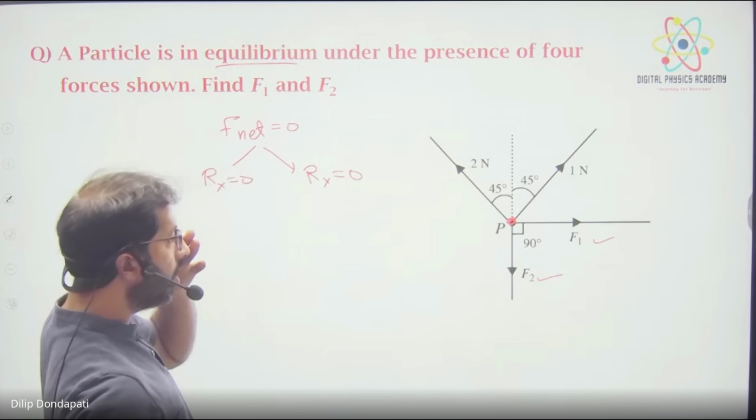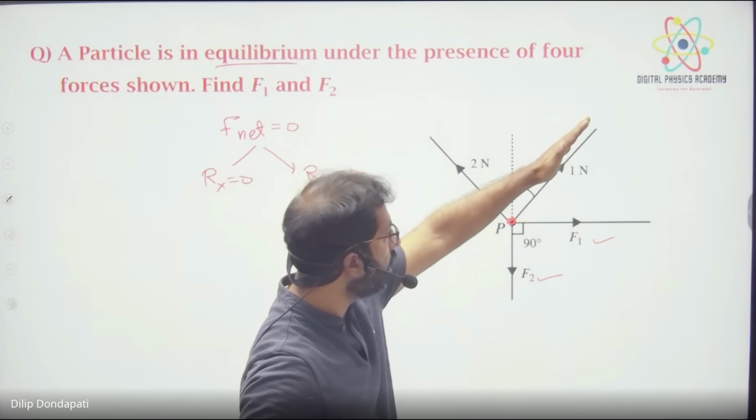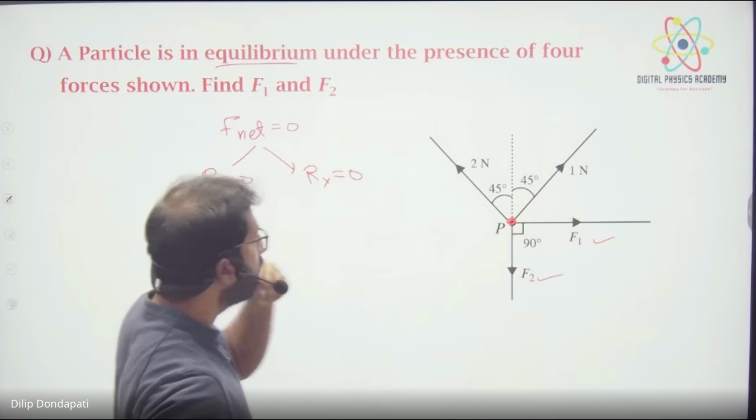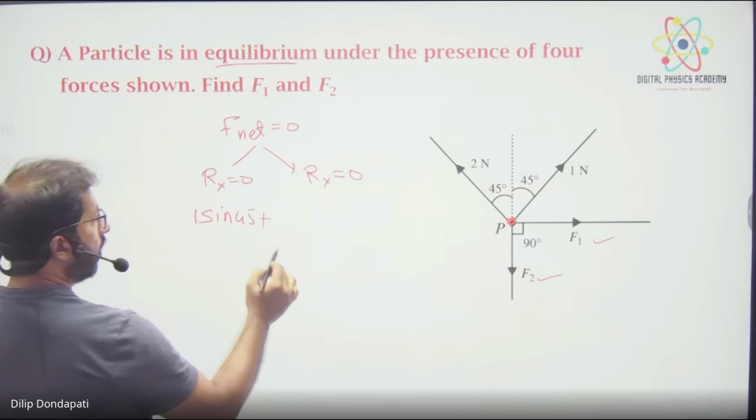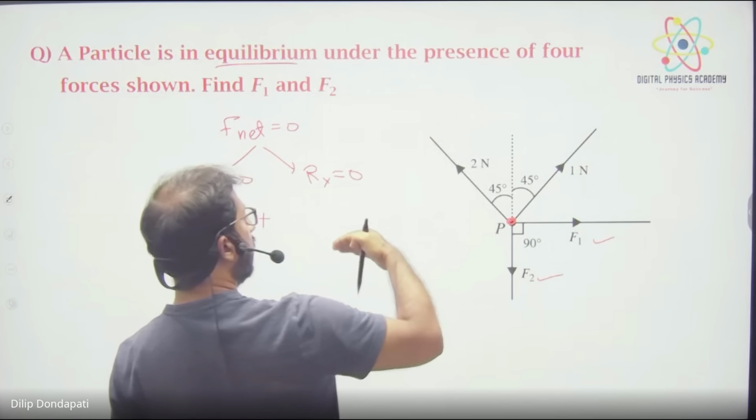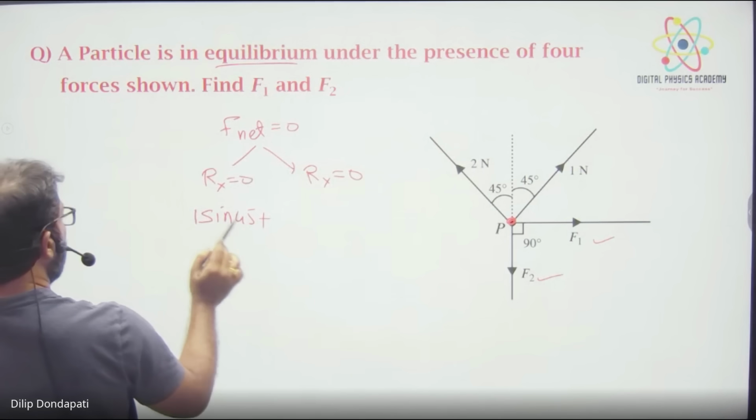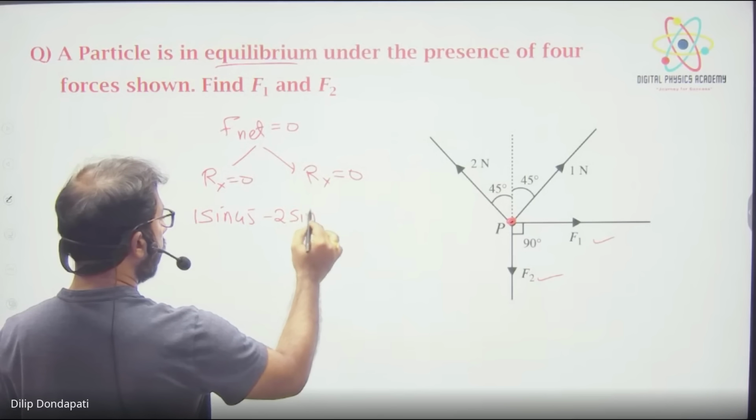Tell me directly, what is the component of 1 along x direction? 1 sin 45. Okay, good. Plus the one along this direction, 2 sin 45, minus or plus? Minus. Minus 2 sin 45.